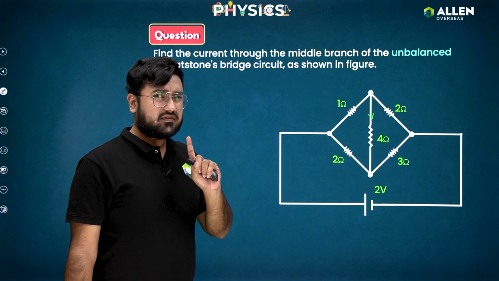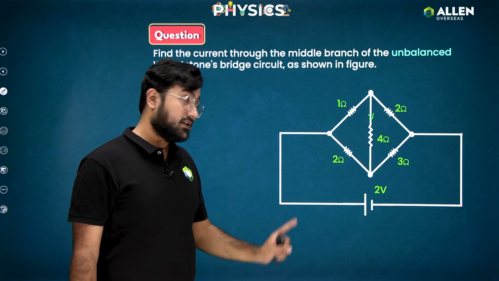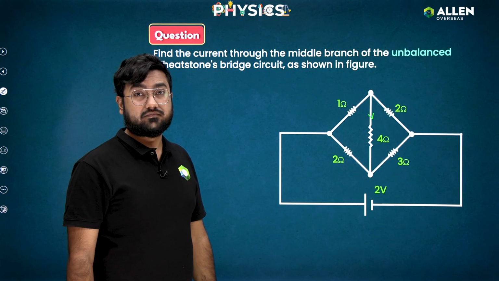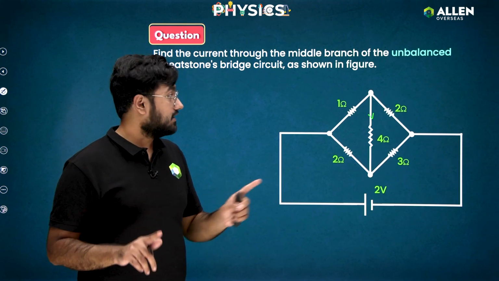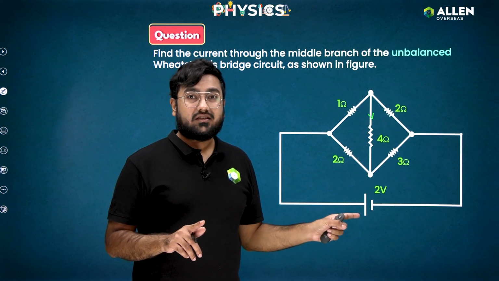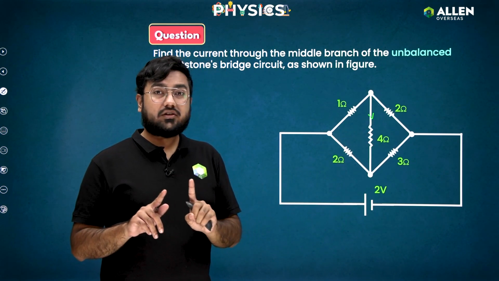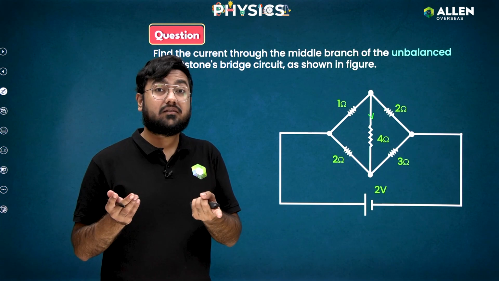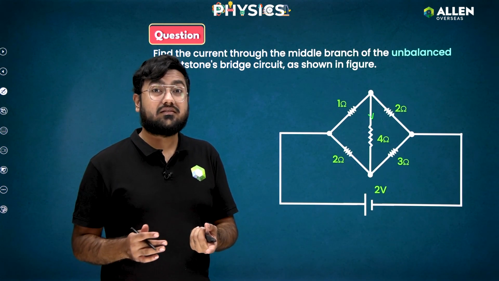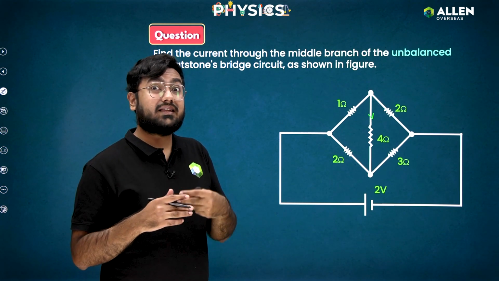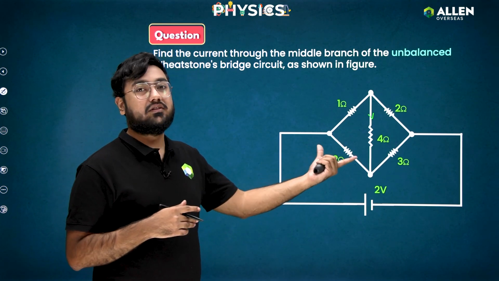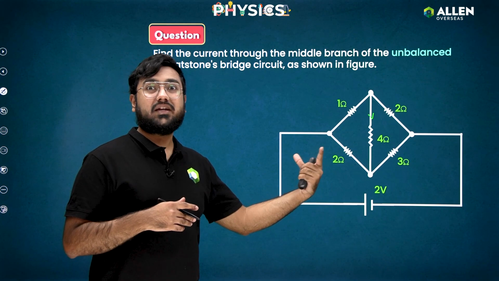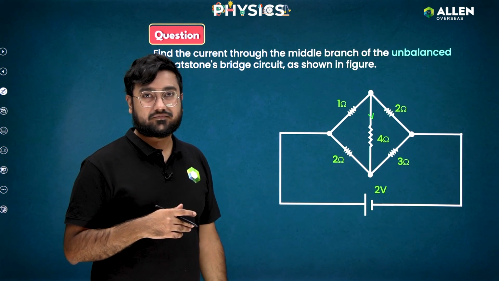I can use KVL here, that will give me the result, but that will be lengthy because there is no symmetry, right? There is no symmetry, then you are going to get 3 different variables and 3 different equations. So you have to solve 3 equations to get the values of 3 variables and then conclude about this. So you have to use the matrix method or whatnot, isn't it?